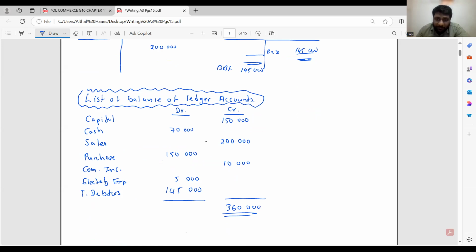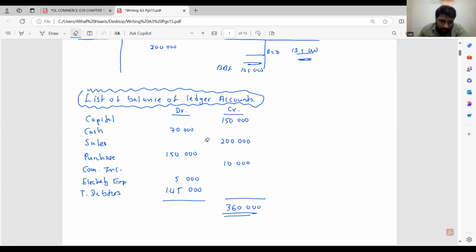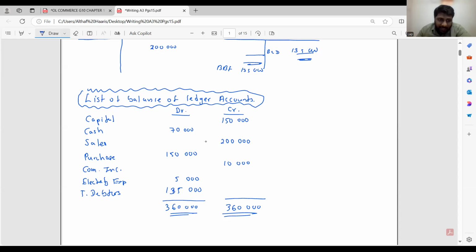So we'll make the debtor balance 135. So here we have a total of 360. Your debit side and credit side are balancing.